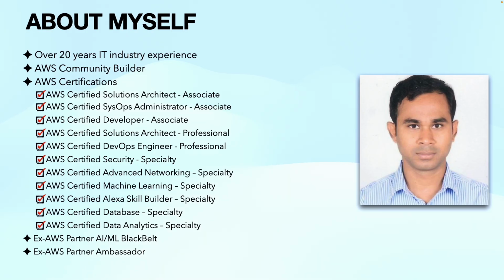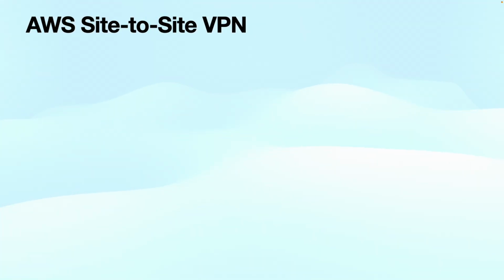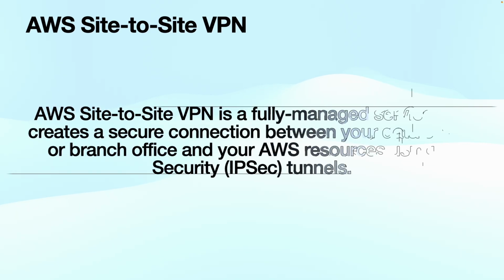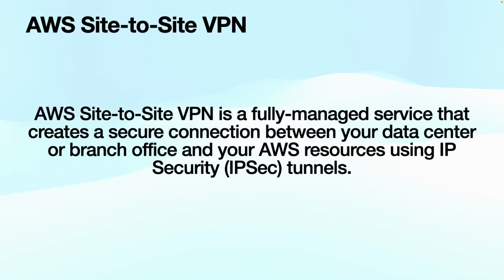Now let's quickly see what AWS site-to-site VPN is and its benefits and use cases. AWS site-to-site VPN is a fully managed service that creates a secure connection between your data center or branch office and your AWS resources using IPsec tunnels.